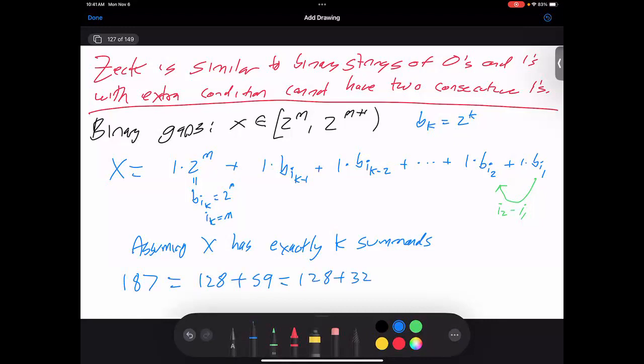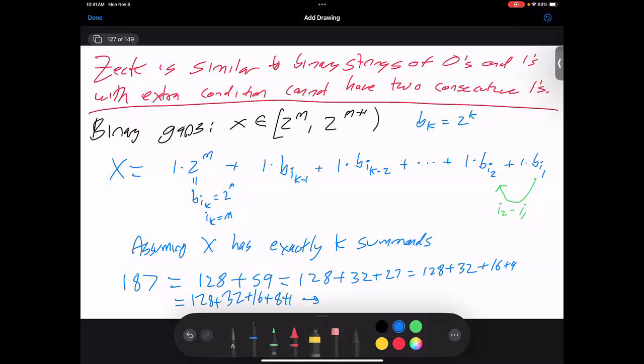I can write that as 32, and then to get to 59, I would have to add 27. So 128 plus 32, and 27 I can write as 16 plus 9. So it's 128 plus 32 plus 16, and the 9 is 8 plus 1.